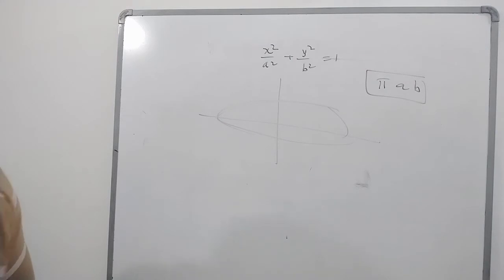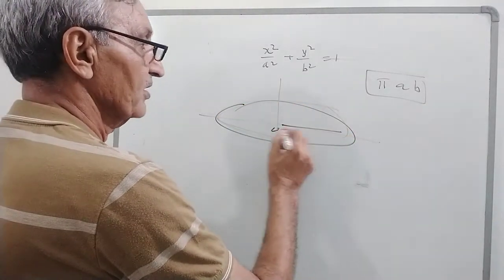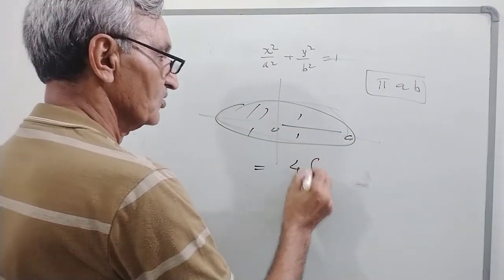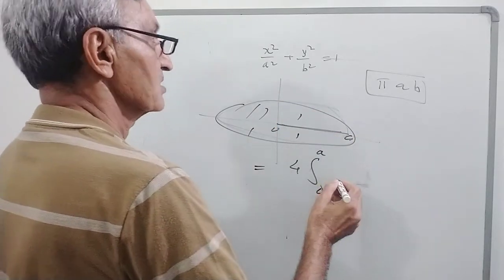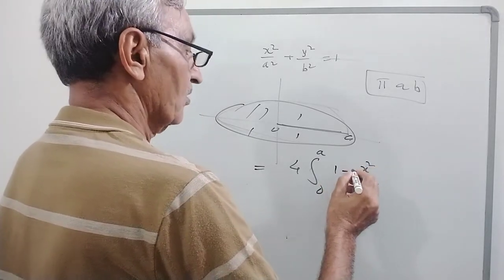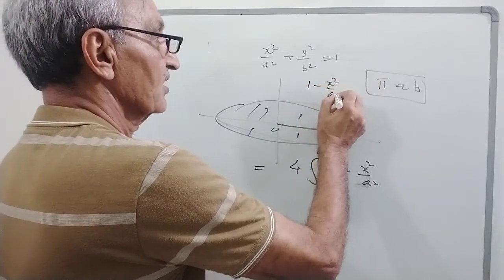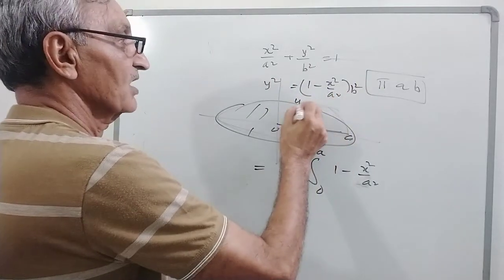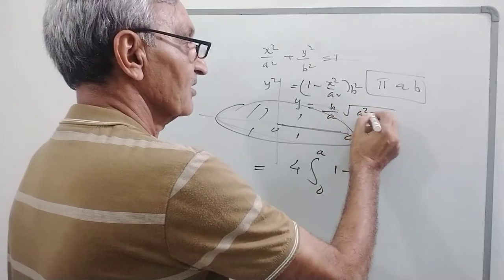This is equal to 0 to a, and these are 4 quadrants, so similar to the circle, I'll put 0 to a, and y square is equal to b square into 1 minus x square upon a square, and y is equal to b upon a under root a square minus x square.